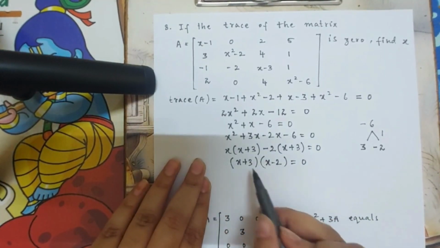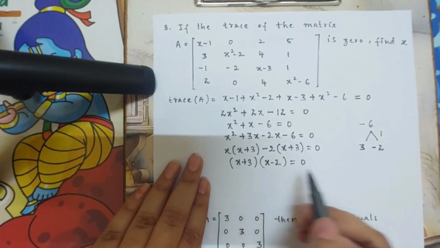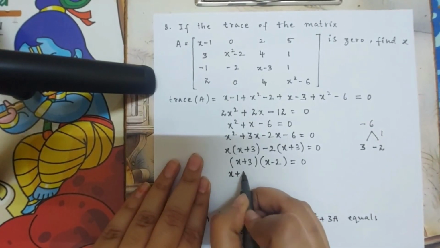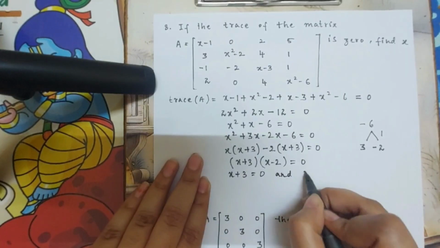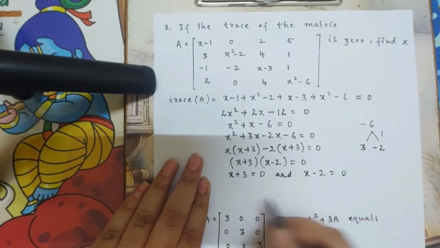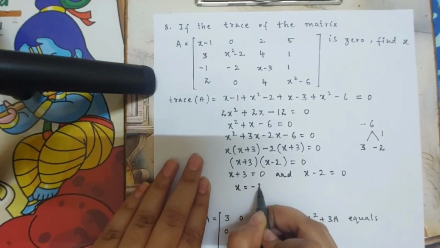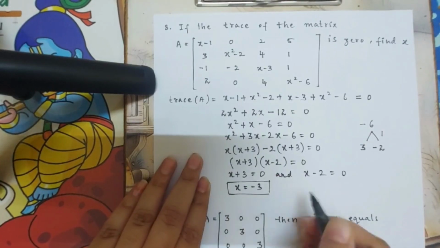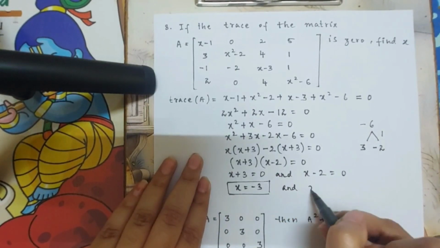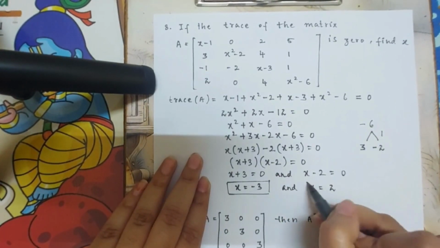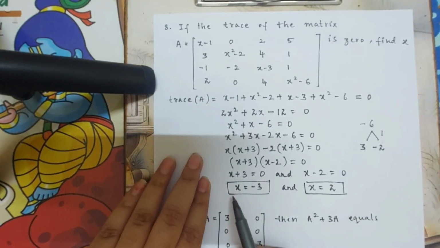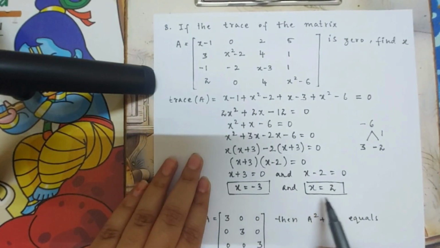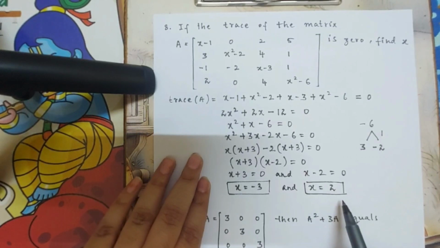I'll be equating both the terms to zero, that is x plus 3 equals 0 and x minus 2 equals 0. So x is equal to minus 3 and x is equal to 2. So the value of x is minus 3, or the value of x can also be equal to 2.